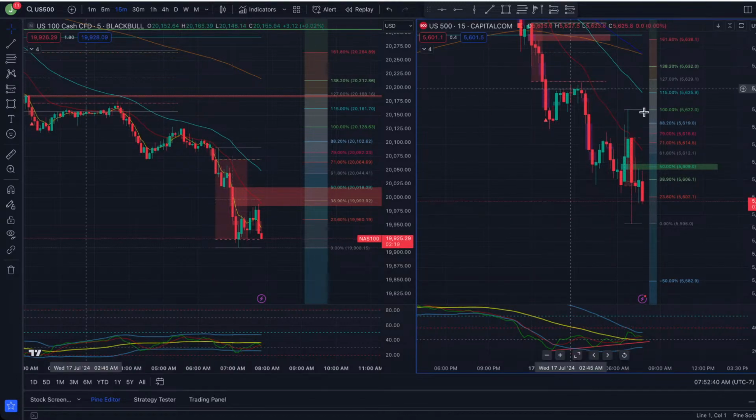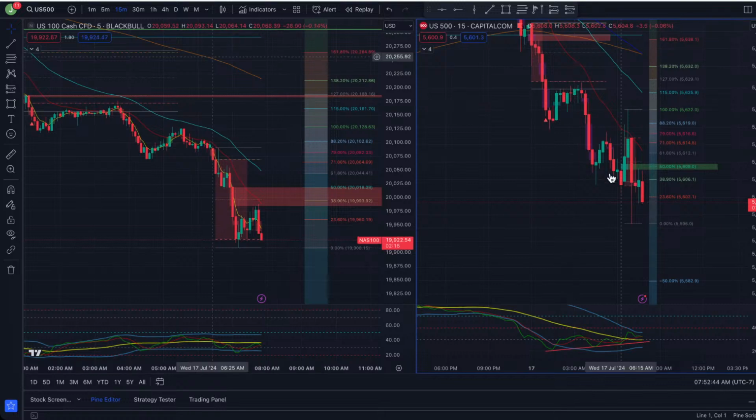All indications that both these markets are pushing down right now kind of supersedes that. NAS getting close to a confirmation, so is the US 500.